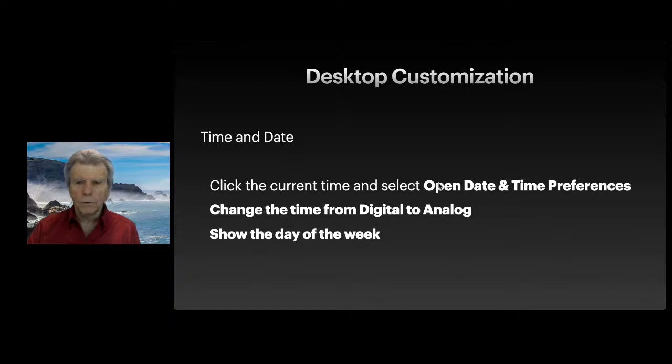So to do that, you go up to the time and date in the upper right hand corner, you click on it, and you get a drop down menu, which I can't see. So let me try to get back to where we're doing this.